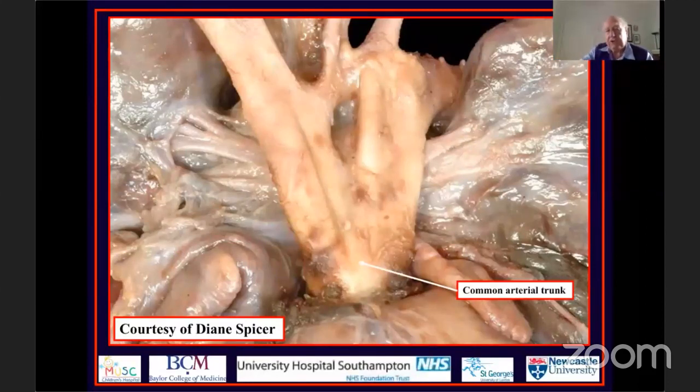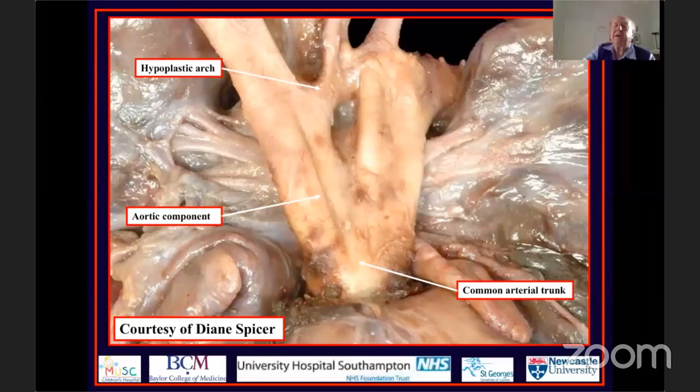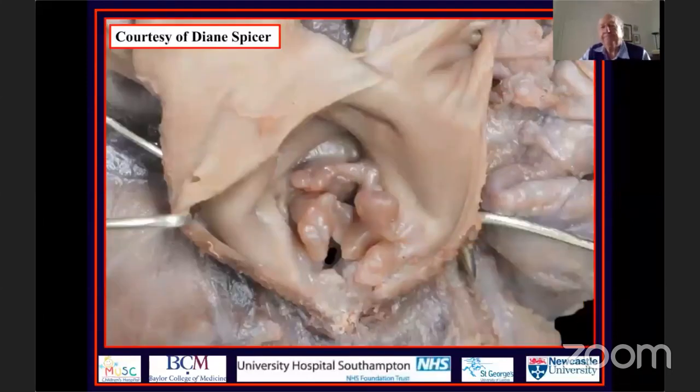There you will appreciate the common arterial trunk. It divides into an aortic component, and then we have a hypoplastic aortic arch. There is also a large pulmonary component, and the pulmonary component continues as a large arterial duct that then feeds the descending aorta.